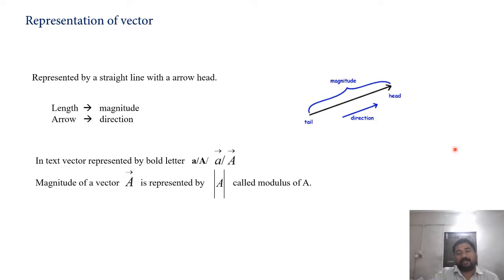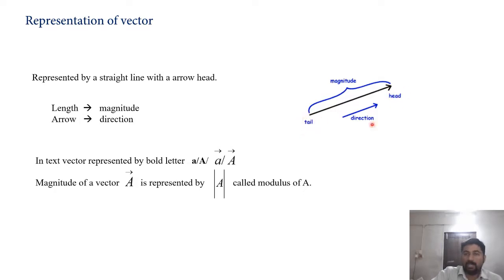So how do you represent a vector? It is represented by a straight line with an arrowhead. You should remember the parts of an arrow: an arrow has a tail and a head.